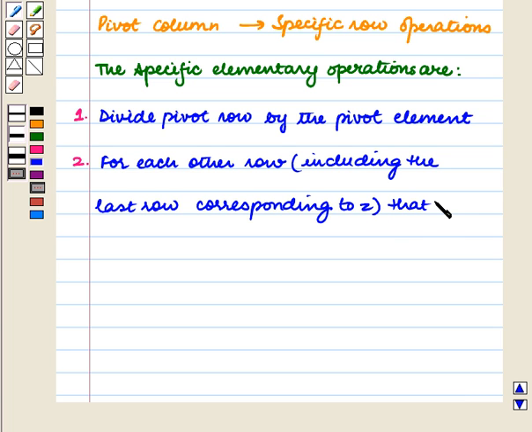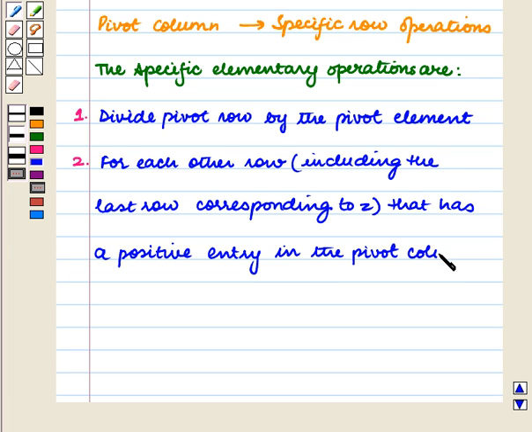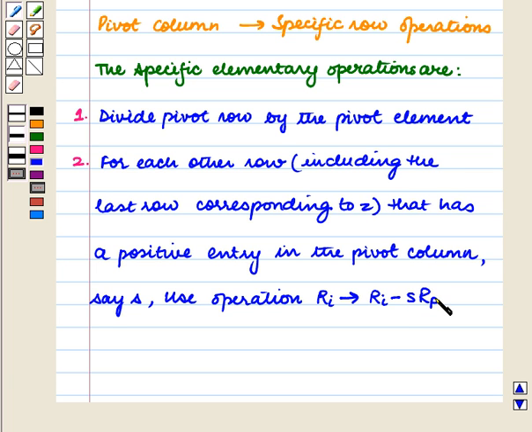that has a positive entry in the pivot column, say S, use the operation Ri goes to Ri minus S Rp.